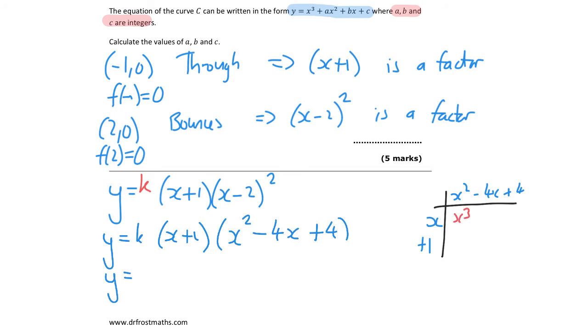So x cubed, x squared, minus 4x squared, minus 4x, plus 4x, plus 4. Then if I simplify, I get x cubed, x squared take away 4x squared is minus 3x squared, minus 4x plus 4x gives me 0 x's, and then a plus 4.